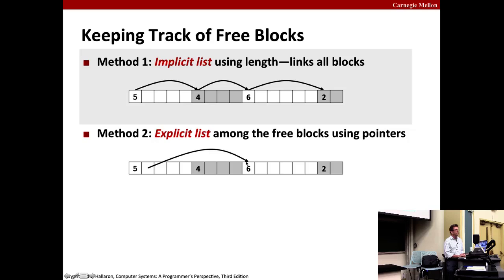You can see this might be more efficient, because with the implicit list, a traversal is linear in the total number of blocks in the heap, which might be quite large. There could be lots of allocated blocks. With an explicit list, any traversal will just be linear in the size of the free list.